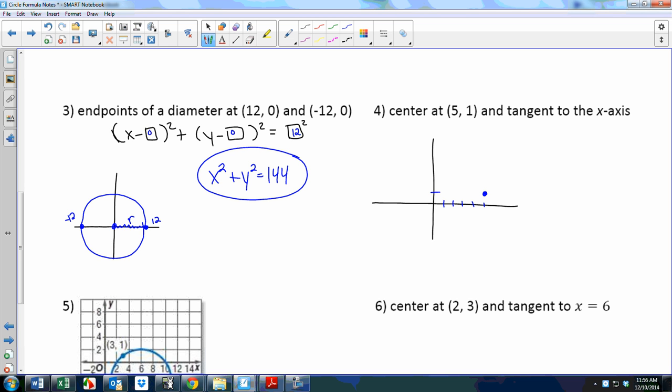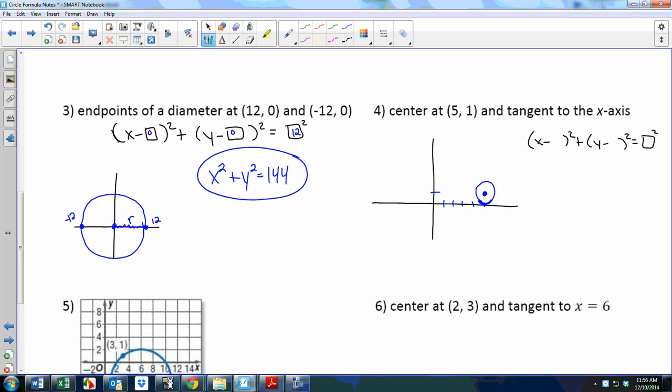Your circle touches the x-axis right there, which means you know where the rest of that circle is, right? It goes around the center like that. So what is your equation? x minus blank squared, y minus blank squared equals blank squared.